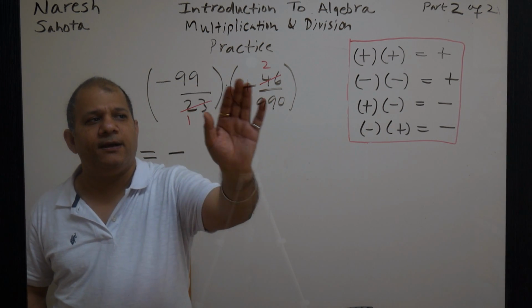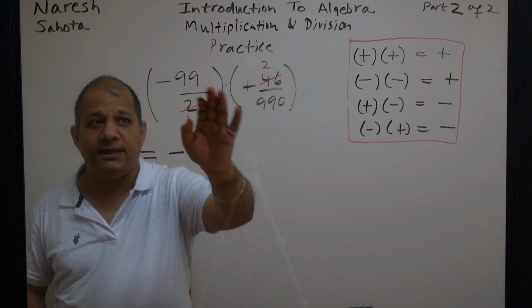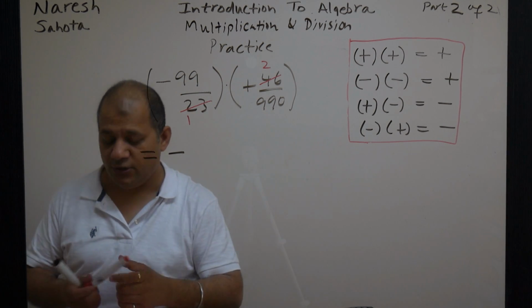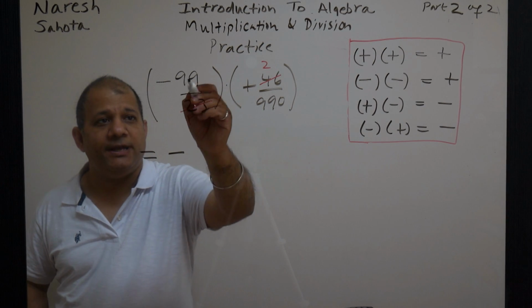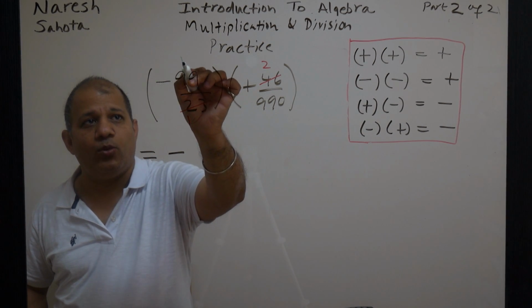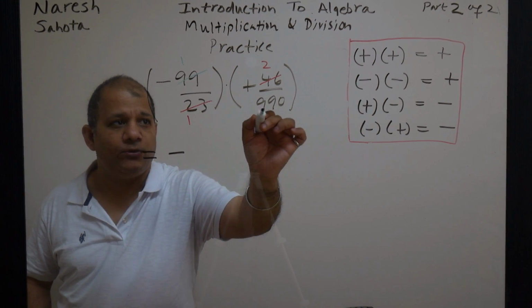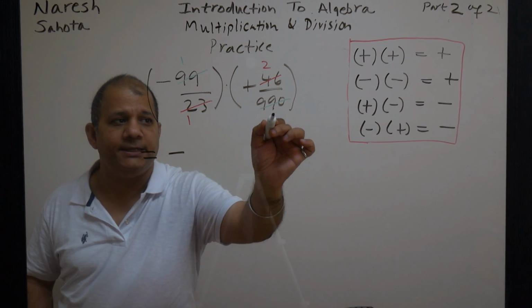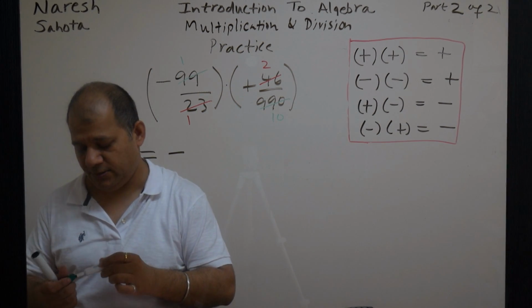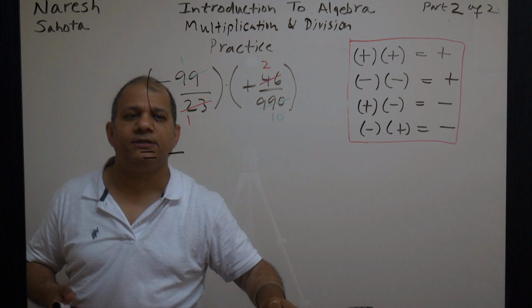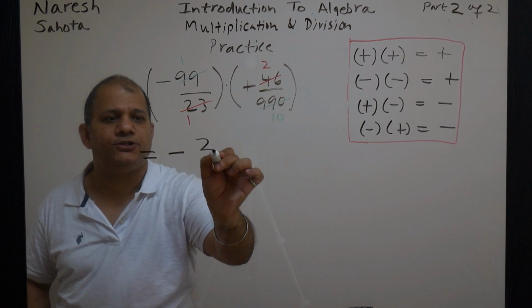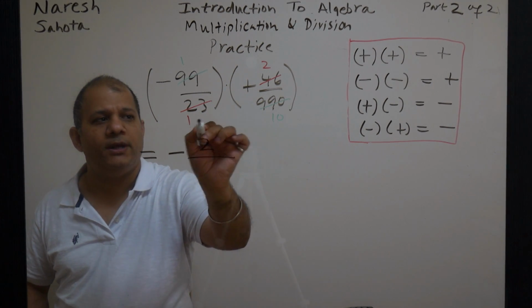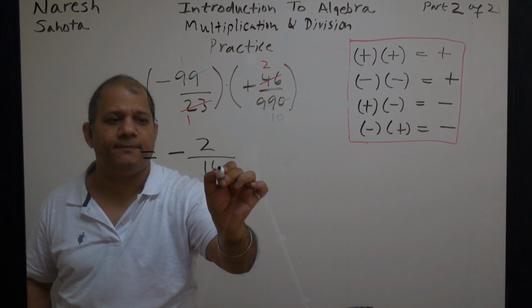Now what about the 99 and 990? Well, 99 is a multiple of both, right? So 99 will go into itself 1 time, and 99 will go into 990 10 times. So that helps, right? And now we can straight multiply. 1 times 2 is 2, all over 1 times 10 is 10.